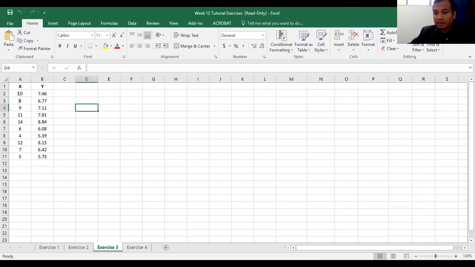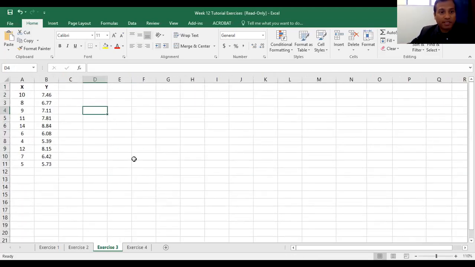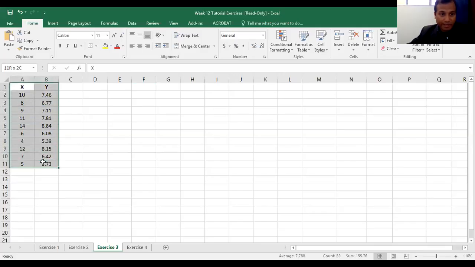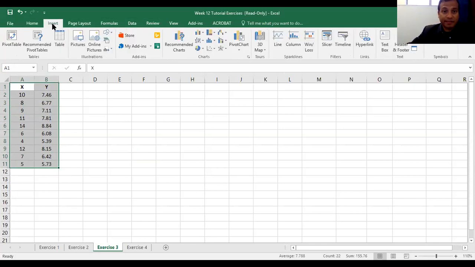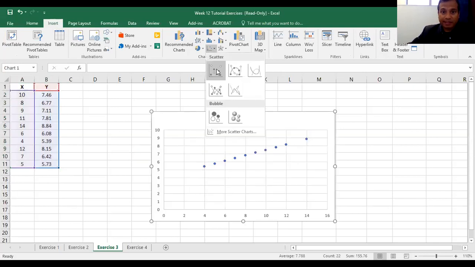I hope you are able to see the Excel sheet, or maybe I can share once again. So you have the data for X and Y. Select these two columns, then go to Insert. You have the scatter plot here. Select scatter.